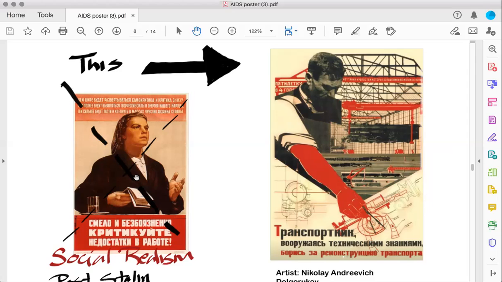What's on the left is this pictorial ideology of post-Stalin Russian propaganda. It's social realism.